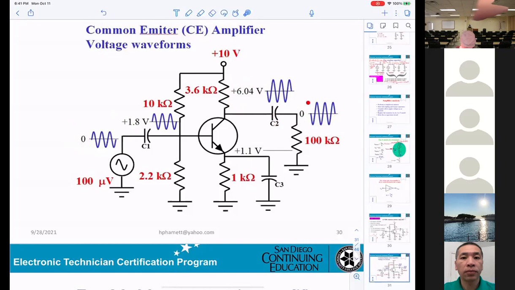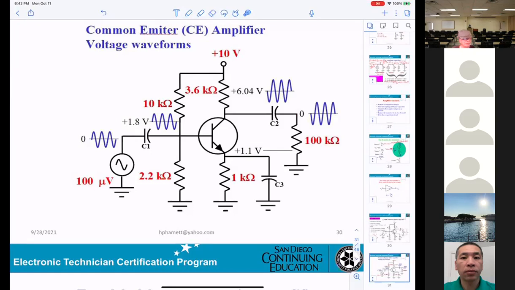You get only AC to your speaker here. That is how I show you how the signal will be displayed at each point in this circuitry.